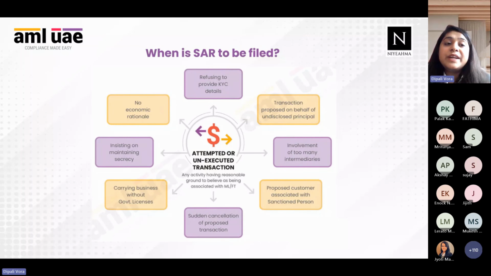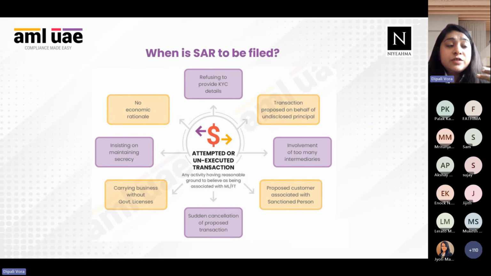If a company is trying to have business with you without any proper government licenses, or maybe the company belongs to some other country, but at least they would be registered, there would be some register under which they have got the license to work. Even if they can't present it to you, or they give you a feeling that they are registered, but when you ask for the documentary evidence, they are unable to prove it.